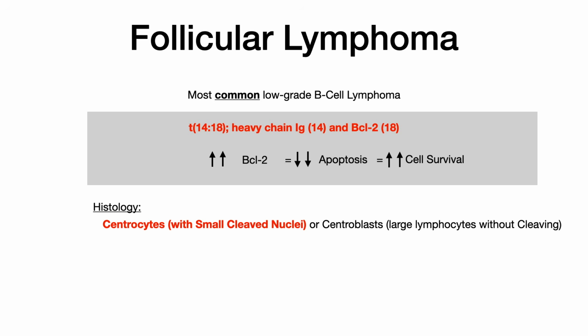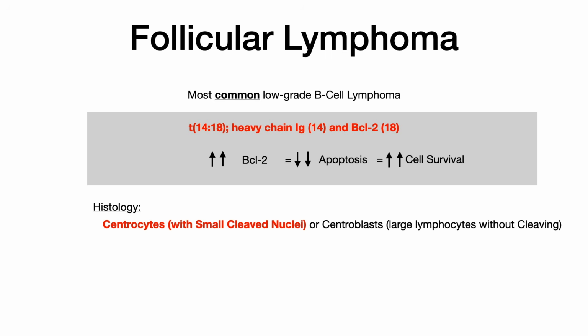So you have the heavy chain IG on 14 and BCL2 on 18. And what happens is when you translocate, then you have BCL2 increasing or overexpressing its product. And when that happens, you have decreased apoptosis, which prolongs cell survival. Anytime you pathologically prolong cell survival, you get subsequent malignant progression.